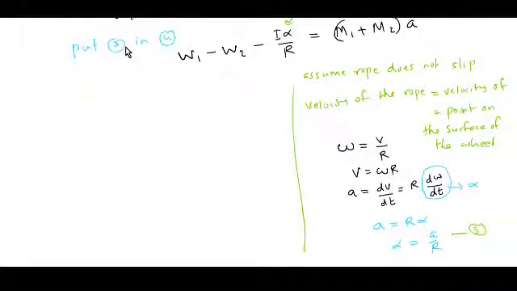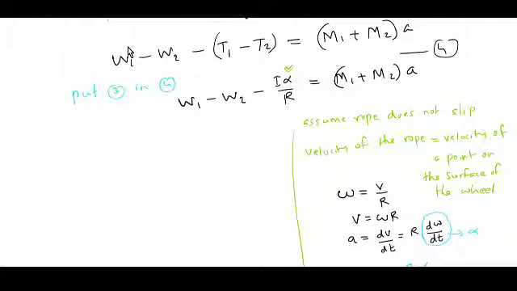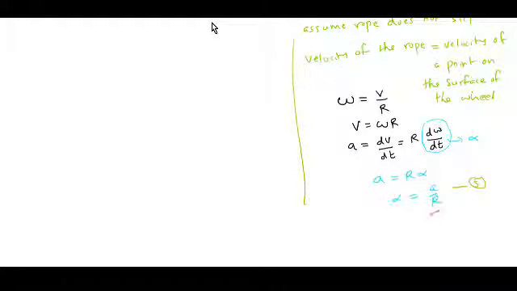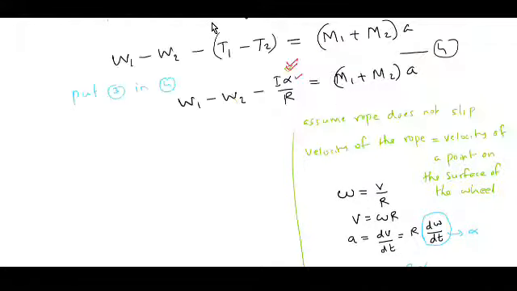Okay, now what I will do is, I mentioned I am looking for a substitution for this alpha. I replace this alpha by this expression A by R. That is, we can put equation 5 in equation 4.